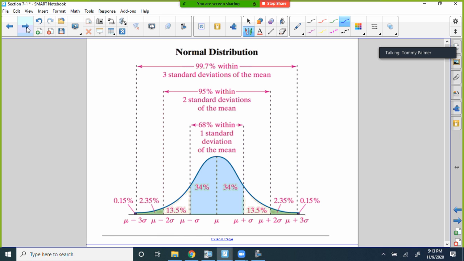This little diagram that also breaks it down within inflection points, and above the mean and below the mean as far as percentages, is really good when you're trying to figure out what's your probability of something happening per an X value, okay?